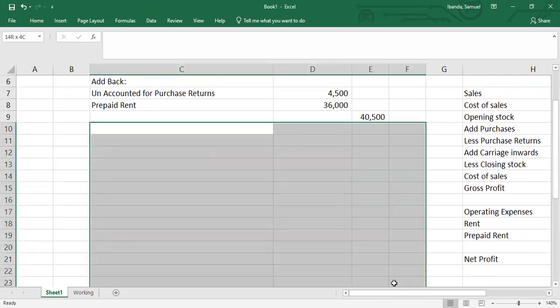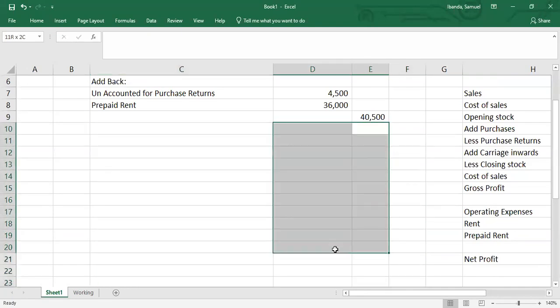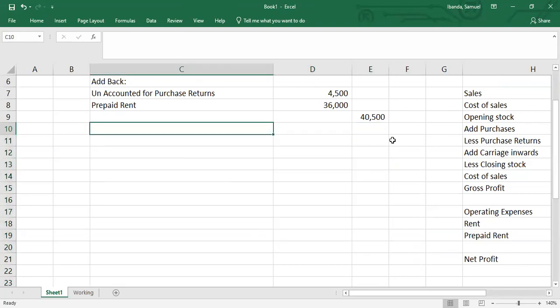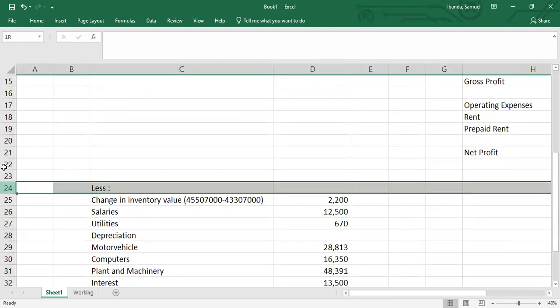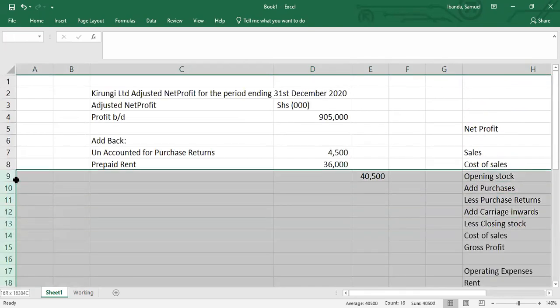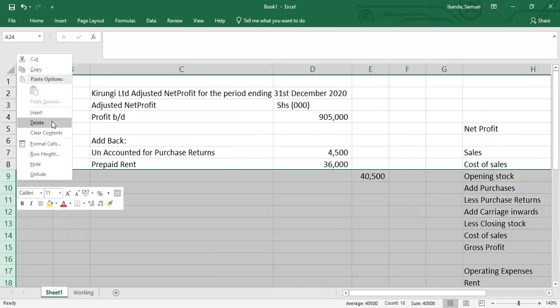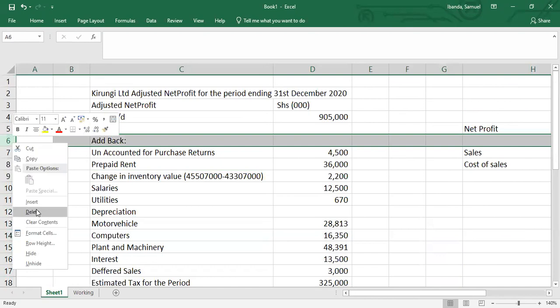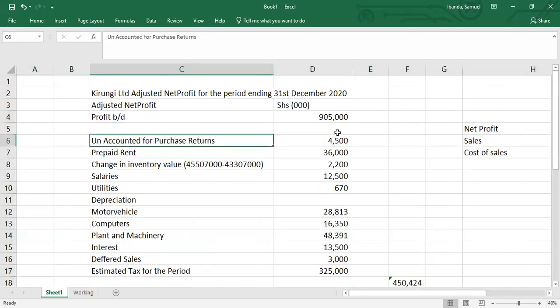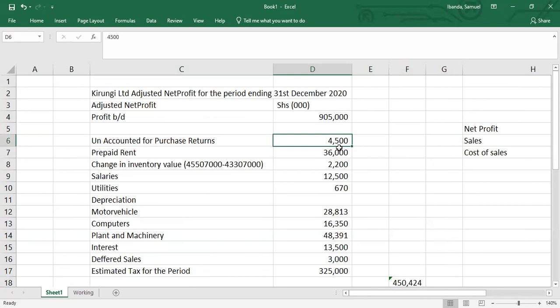Okay. Now, as you can see, this is a lot of space that I had created. I thought I had more items to add, but unfortunately, there are very few. So you can use a line and cancel this space. Alternatively, you have nothing to be penalized in case you didn't divide it like this. What you would do is item per item. You could just leave out this add back, because you may not know how much you're going to add. Whatever you're adding back, you just make it a positive.